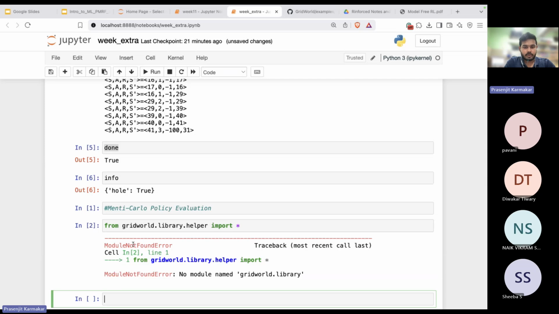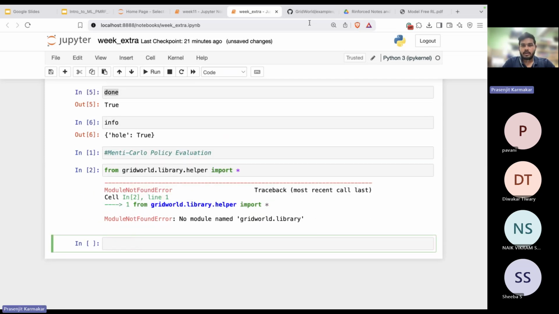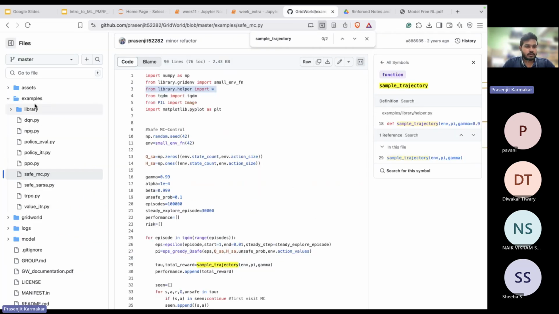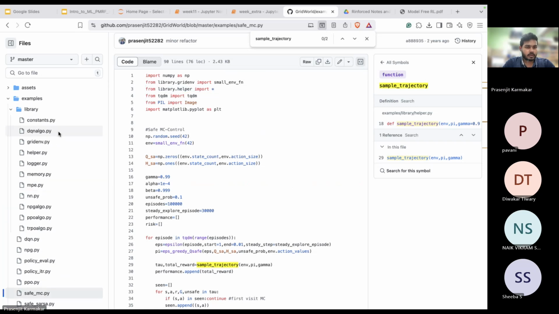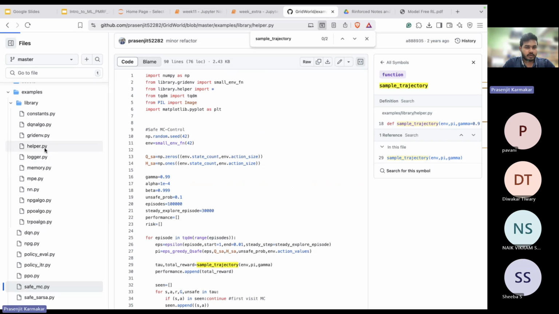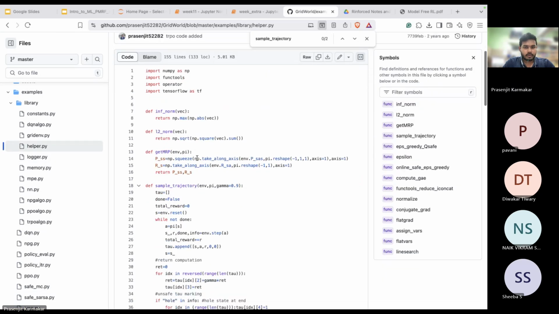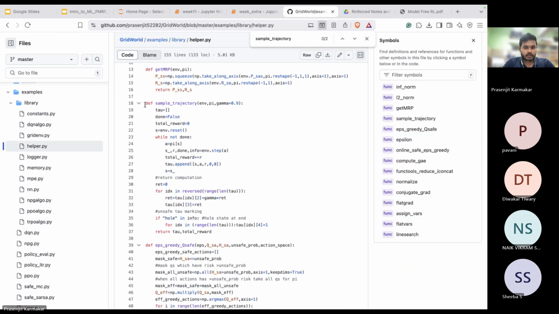So I have a policy which I want to evaluate. gridworld.library.helper import. Okay, maybe I cannot import it from here. I have to read the helper, sample a trajectory.